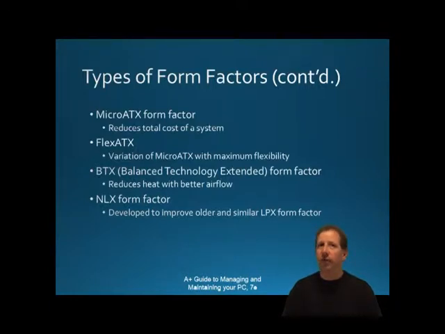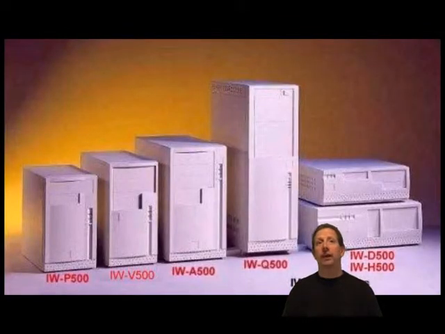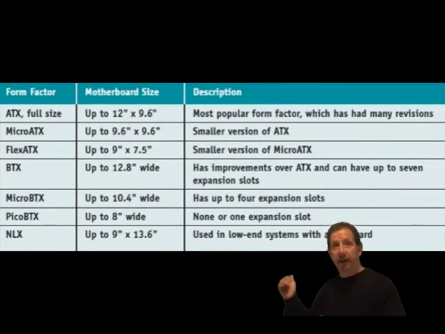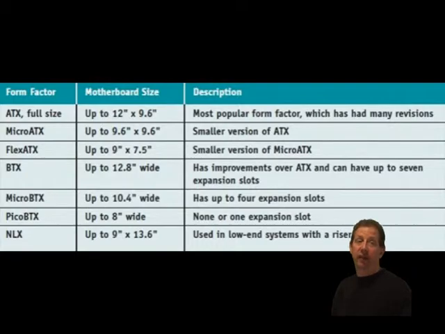For instance, you might find that you need a high-end tower system, a rack-mounted server, or a low-profile desktop. When you understand the intended use, you can then decide which form factor you're going to use. The current and better-known form factors are listed here behind me in the table. These form factors are discussed next.